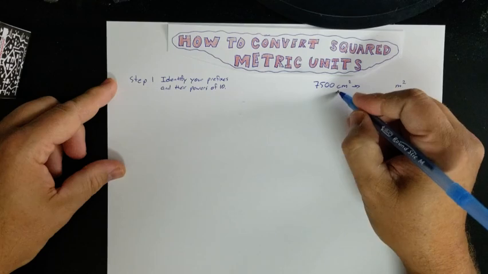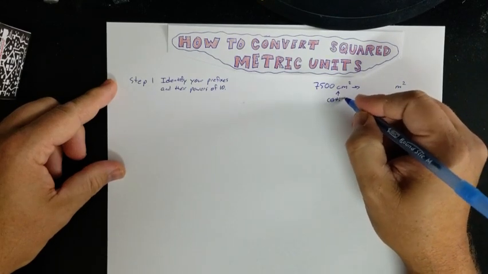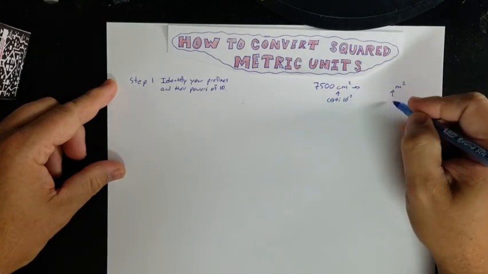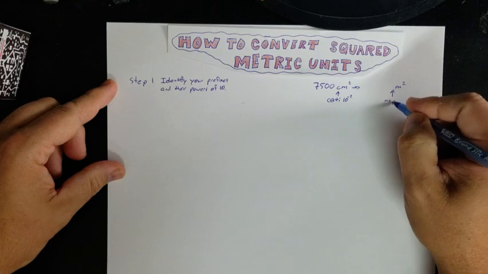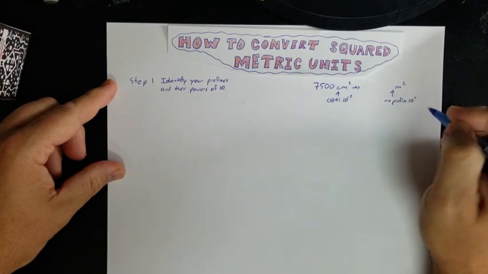So here we have the prefix centi. Centi. And that is 10 to the negative 2. And here we have no prefix. And so if you have no prefix, it's 10 to the 0.